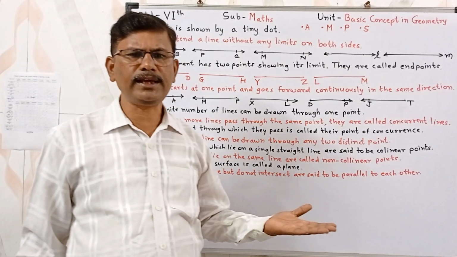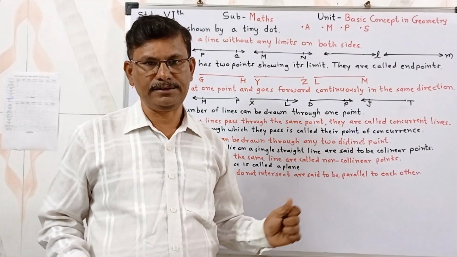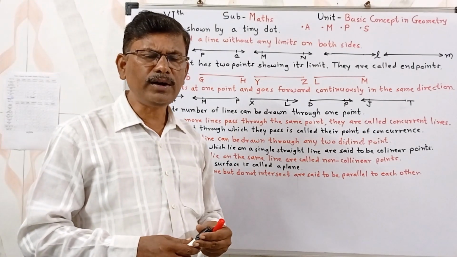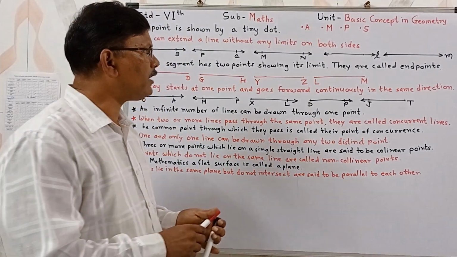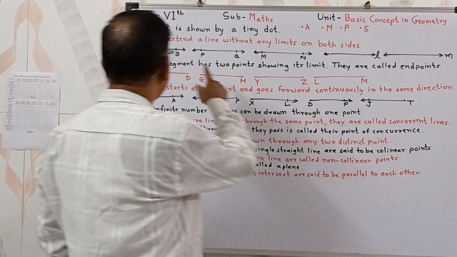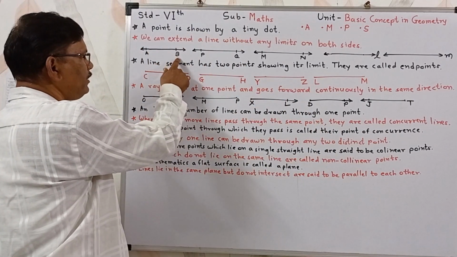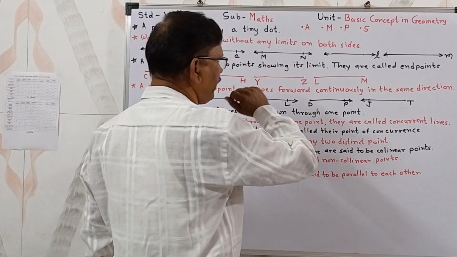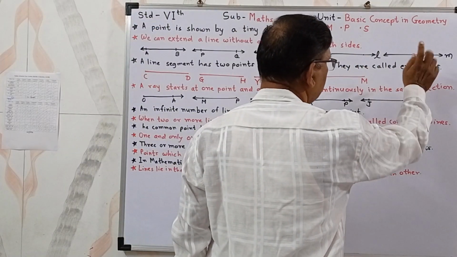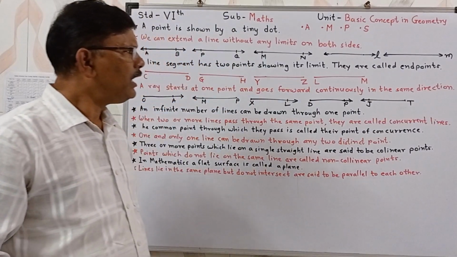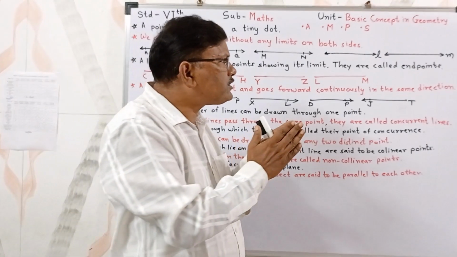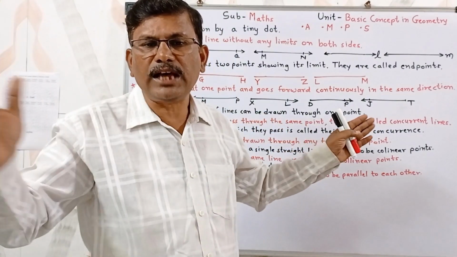The next concept is a line. What is a line? Listen here. Line, see here, line AB, line PQ, line MN, line L, line M. Line means that we can extend the line both sides.